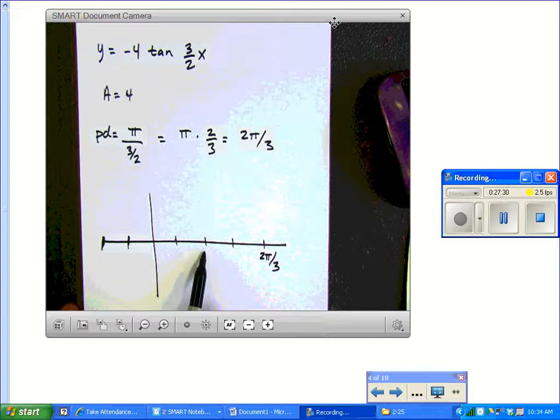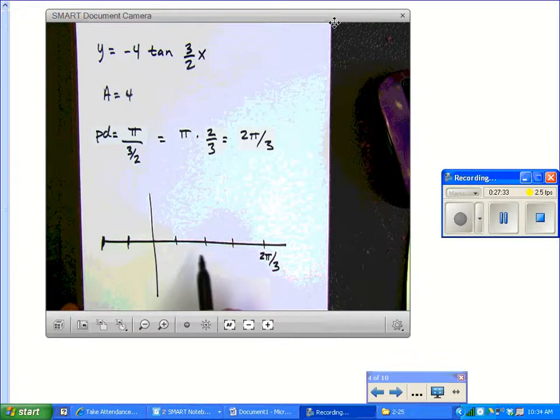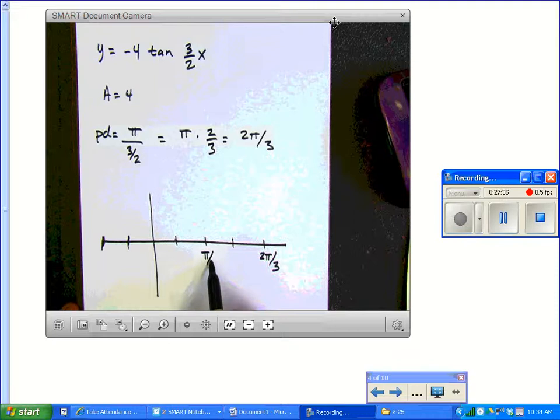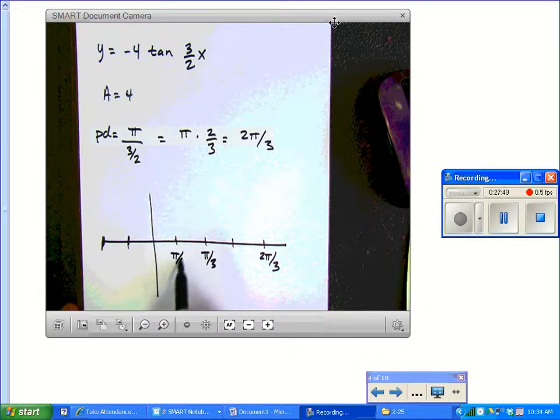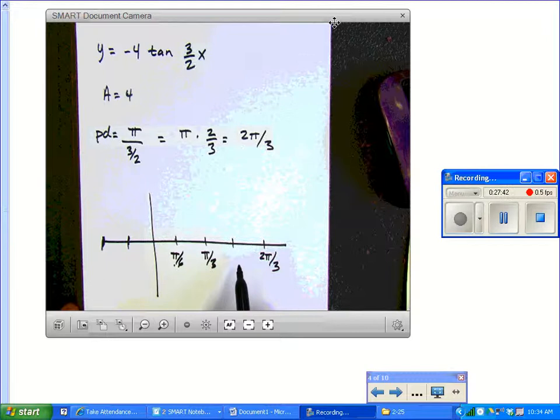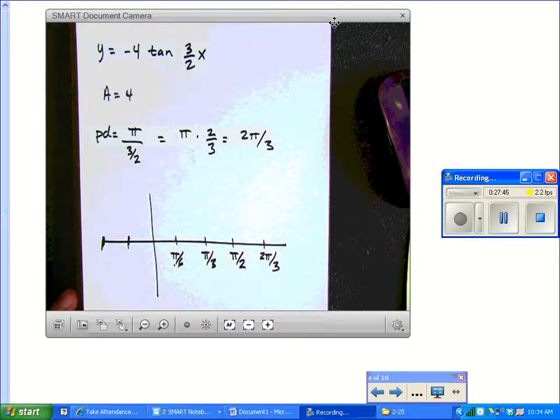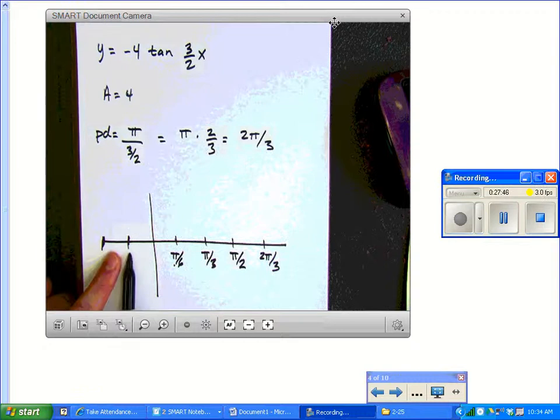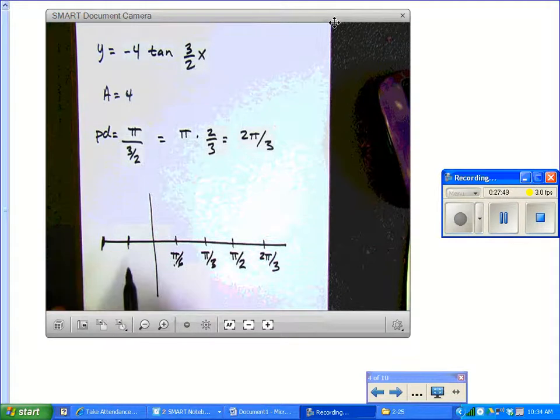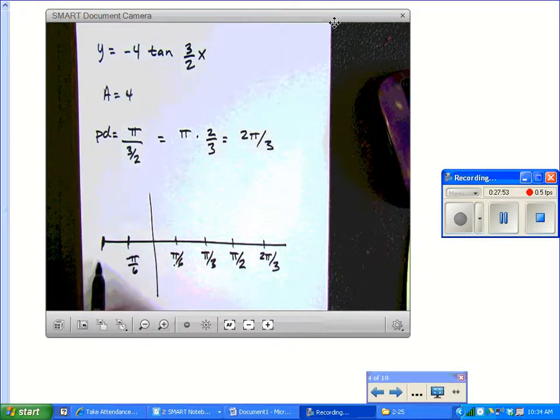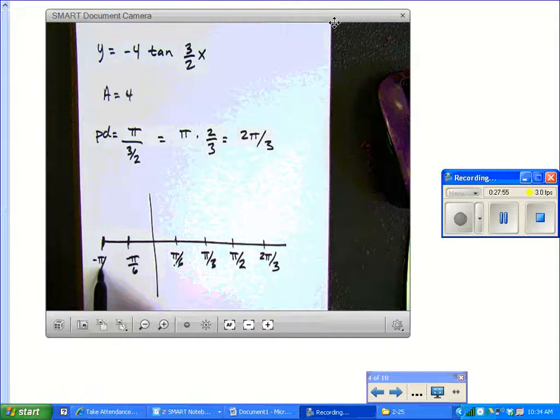Would be 2 pi over 6, which would be pi over 3. And then half of that, pi over 6. We got pi over 6, 2 pi over 6, 3 pi over 6 would be pi over 2. Now, over here, though, we're going to need negative pi over 6 and then negative pi over 3.